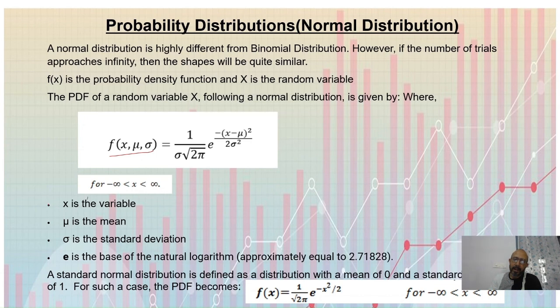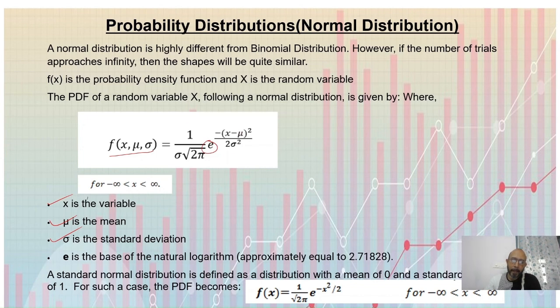Here x is the variable, mu is the mean, sigma is the standard deviation, e is the base of the natural logarithm, approximately equal to 2.71. Next, come to the standard normal distribution. A standard normal distribution is defined as a distribution with a mean of 0 and standard deviation of 1.